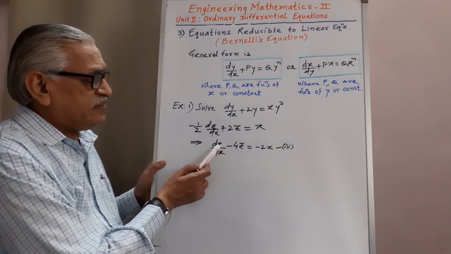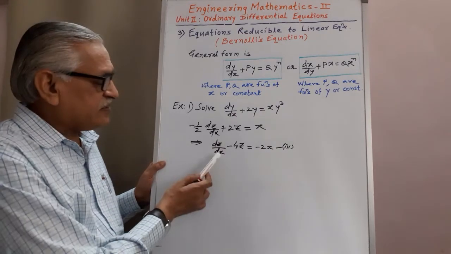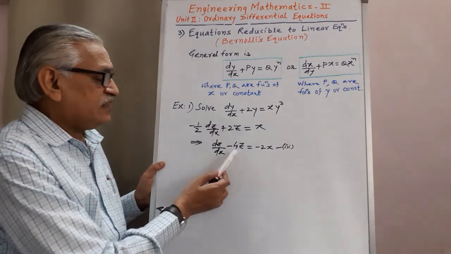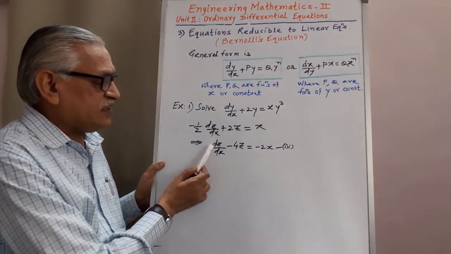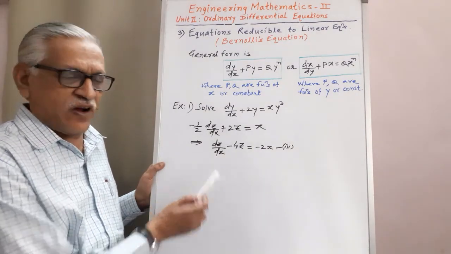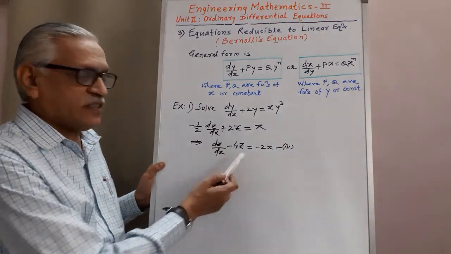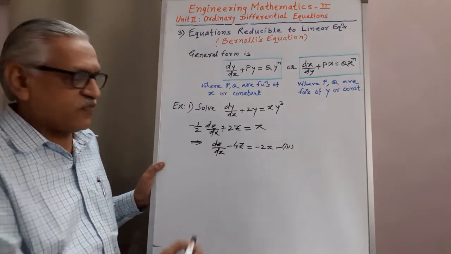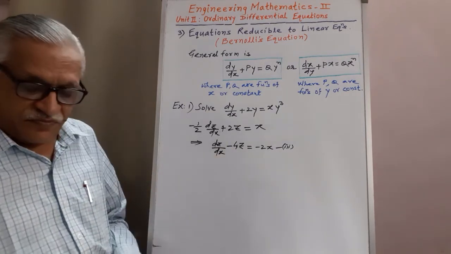Here z is a new dependent variable, x is independent, degree of z is 1, its differential coefficient dz by dx, its degree is also 1 and they are not multiplied together, which means this new equation is a linear differential equation in z.